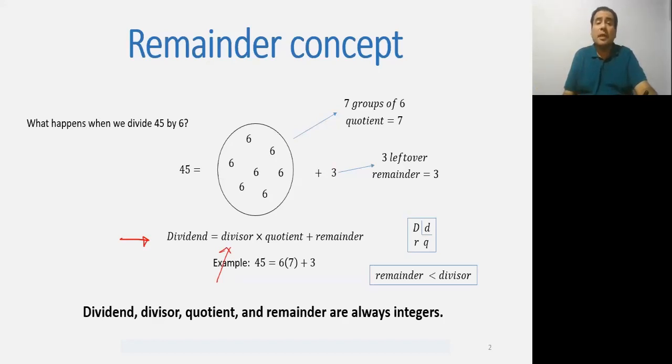So, in the case of 45 and 6, 45 would equal 6 times 7 plus 3. This left over here is called the remainder. And to be such, it needs to be less than the divisor. So we're talking about integers again. All these numbers are integers.